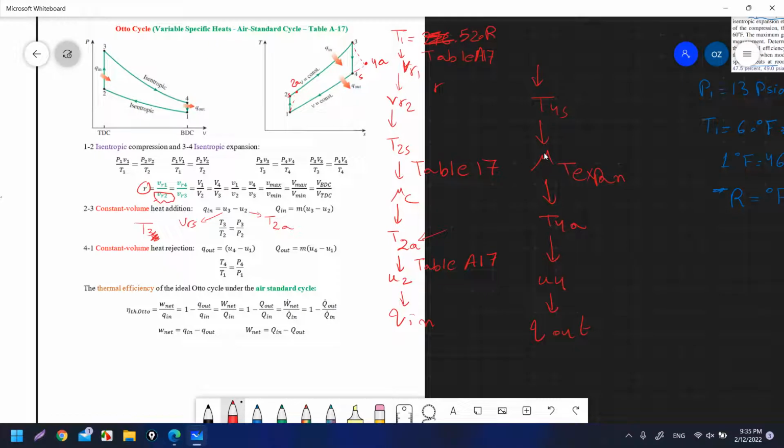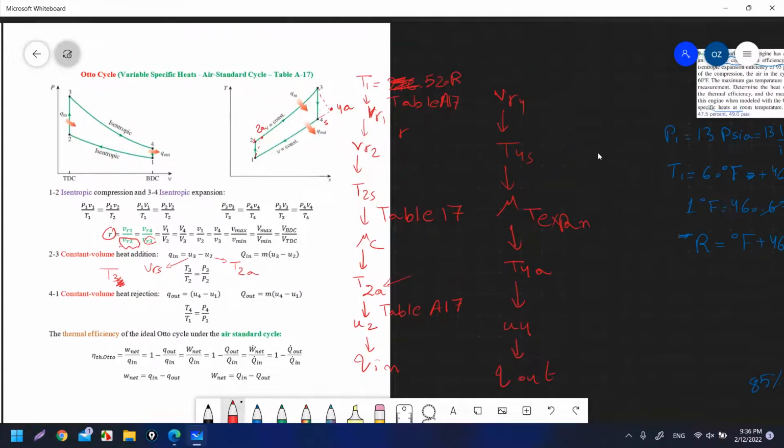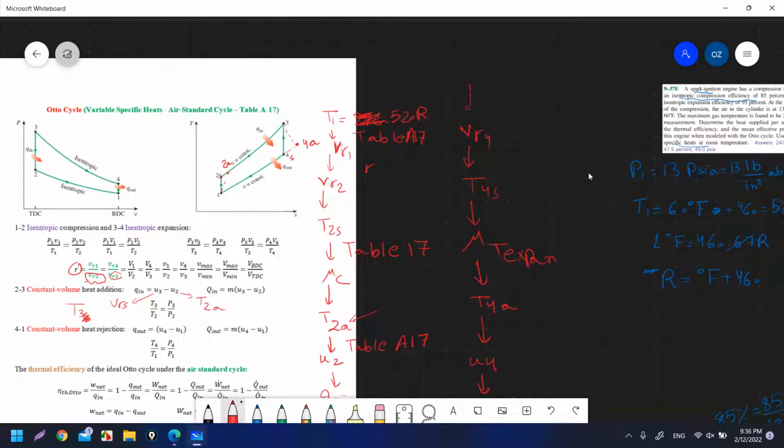So the only solution is to use VR4, and for VR4, I don't have VR3. That is the only equation that contains VR4. So I need to find VR3 first. Also, I will use it with R. To find VR3, I have to have a property at state 3.